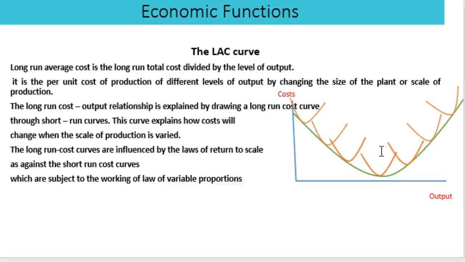The long run cost curves are influenced by the laws of returns to scale, as against the short run cost curves, which are subject to the working of the law of variable proportion. The long run cost curve is known as the envelope curve. These are the small short run average cost curves. The long run average cost curves are the analogues of the short run average cost curves.